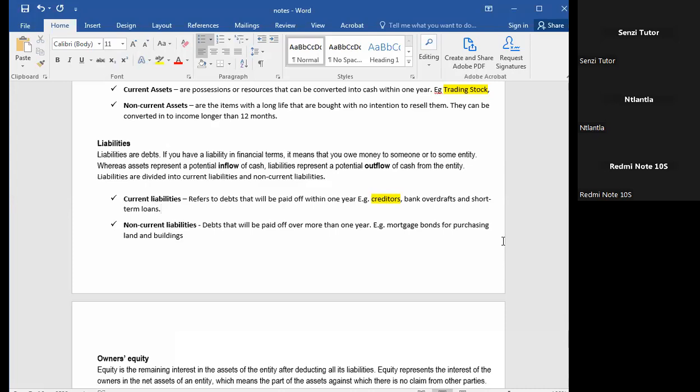Bank overdraft, the simple definition, says that it is when the enterprise withdraws more money from its bank than what it had in the current account. Therefore, when you have 400,000 in your bank account, and now you want to buy a car of 600,000, you will negotiate with the bank that you need this car, but your money is less in your account. After your negotiation is finalized, the bank accepts that you can buy this car.